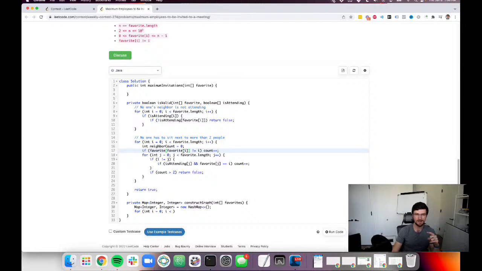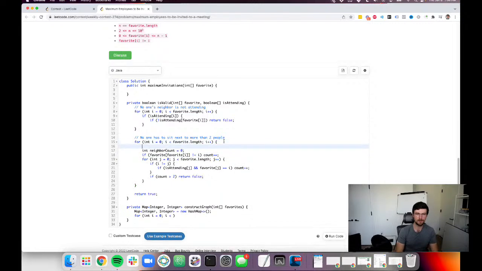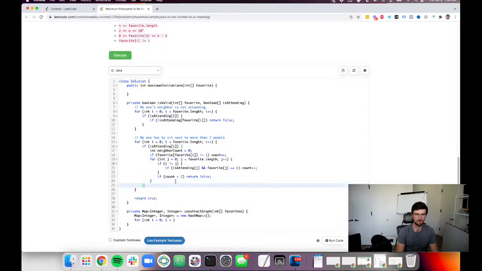This should also be if is attending, because otherwise we should skip this. If they're attending and not pointing to each other, that's one edge. And for everyone else, anyone who is attending and is pointing to us adds an additional edge. If there are more than two edges, then it's not valid.